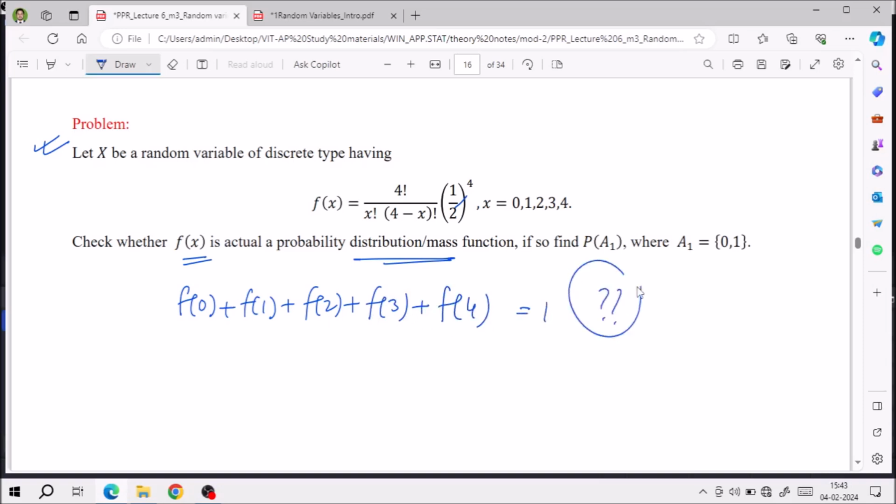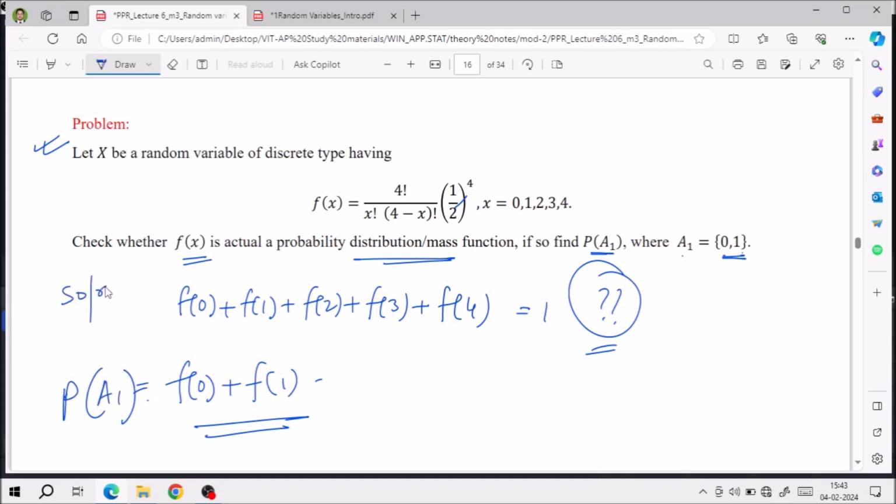If 1, then it will be a probability mass function, and if so, find the probability of A1. A1 is nothing but {0, 1}. So how to find it in this case? Just simply evaluate f(0) plus f(1) to get the probability of A1.